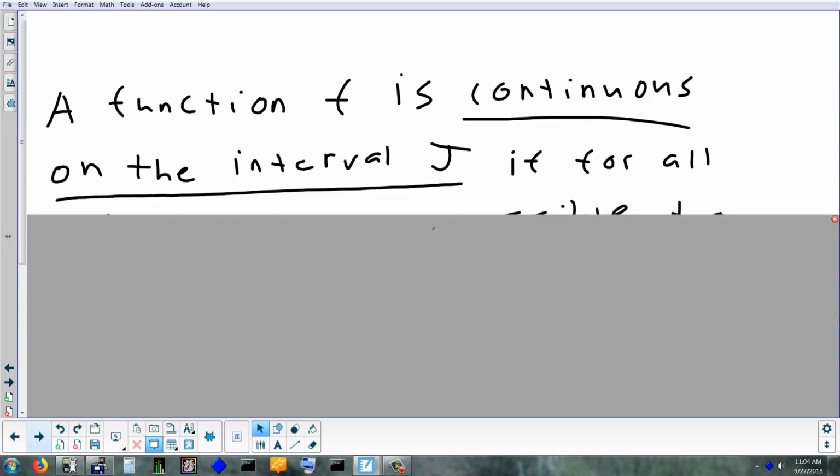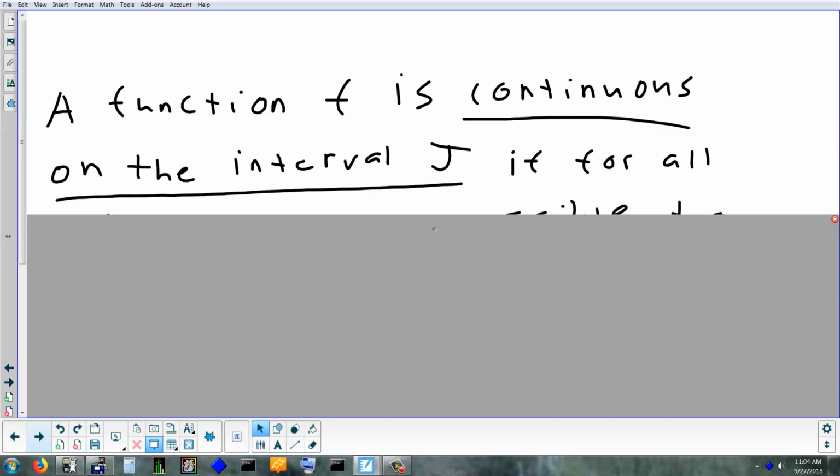So we can say that a function is continuous on an interval. What an interval means is you're saying, okay, I want you to start here. Here's a value. I want you to end here. Here's another value. Can you trace between just those values without lifting your pencil? Maybe you can't trace the whole thing, but maybe you could trace a small section without lifting your pencil.